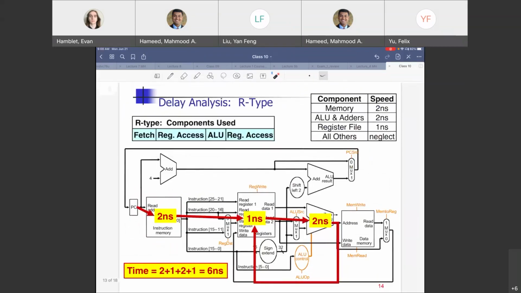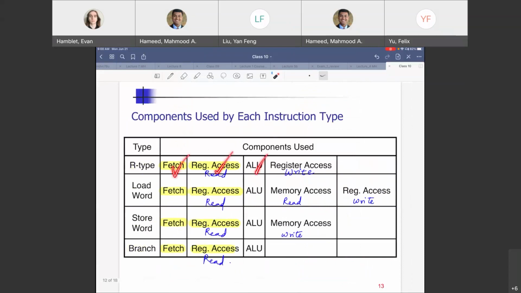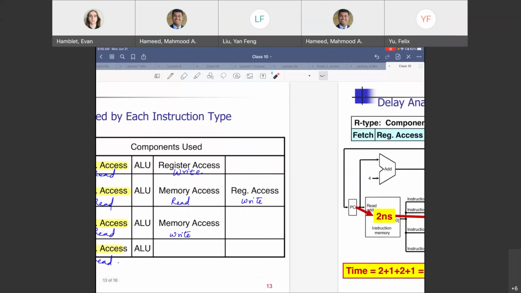Let's start with an R-type instruction. We just found out that we need to do fetch, register access, ALU access, and register access. That's what is involved in the R-type instruction.